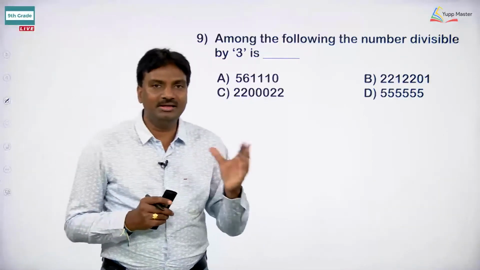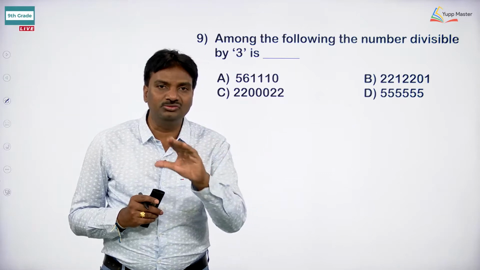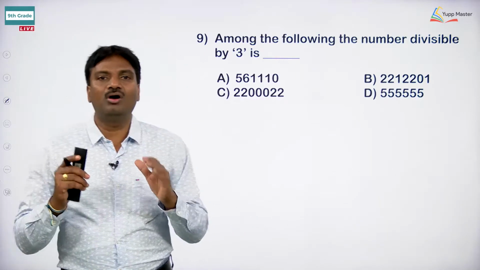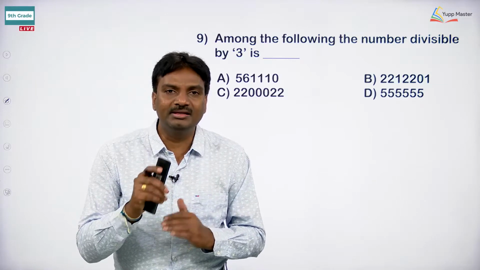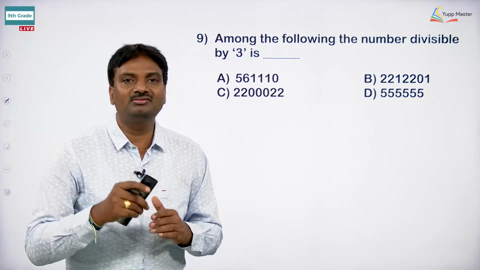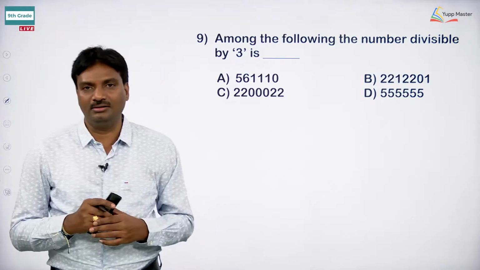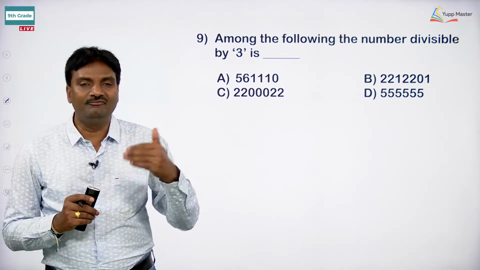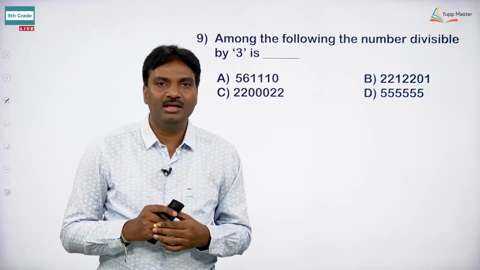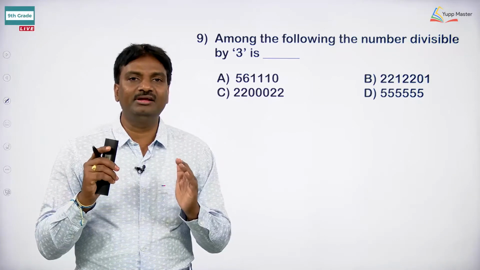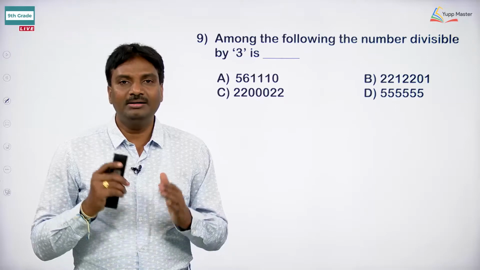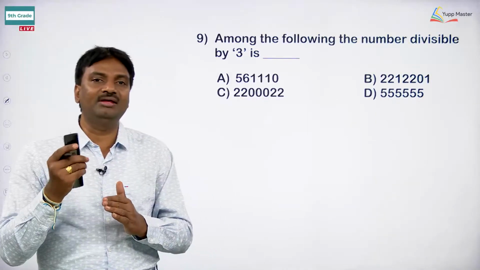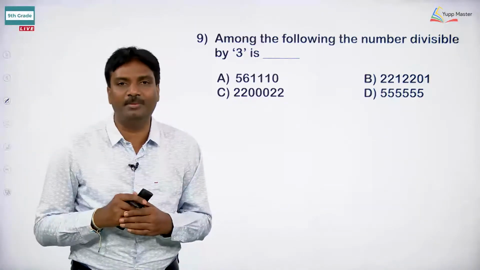For the numbers 3 and 9, the divisibility rules are the same. If the sum of all digits of the given number is divisible by 3 or 9, then the given number is also divisible by 3 or 9. If you take 3, divisible by 3. If you take 9, divisible by 9. But it is not necessary that every number divisible by 3 is also divisible by 9. But it is very clear that every number divisible by 9 is also divisible by 3.